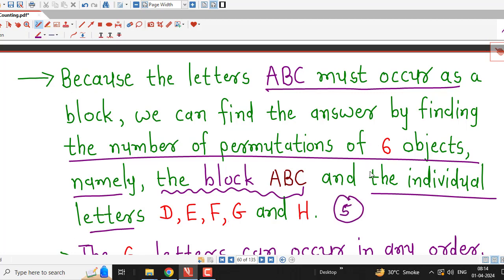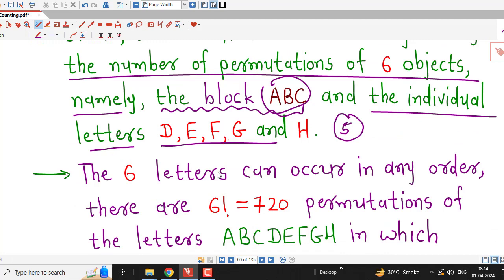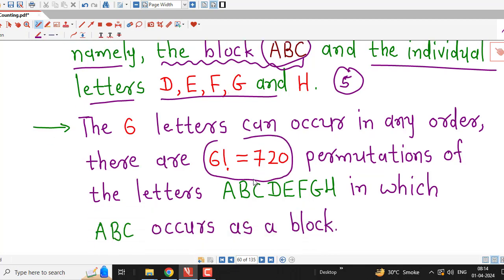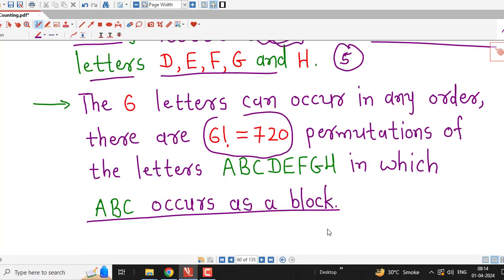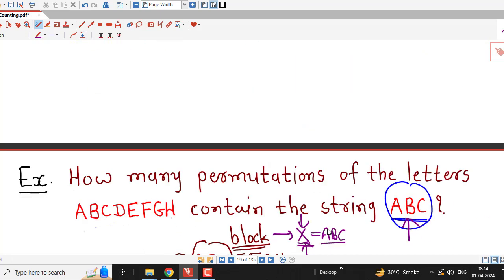So in total we have to consider 6 objects, one ABC as a block and these 5 letters. And we know that the 6 objects can occur in any order, and therefore there are 6 factorial, that is 720 permutations of the letters in which ABC occurs as a block. So in this way we can easily answer this type of problem.